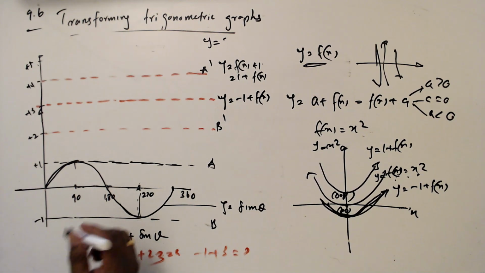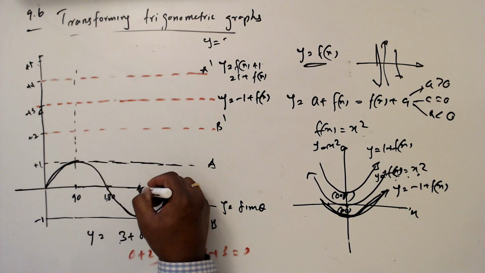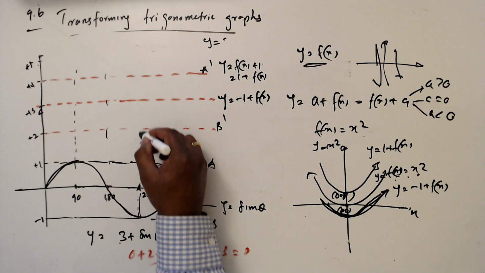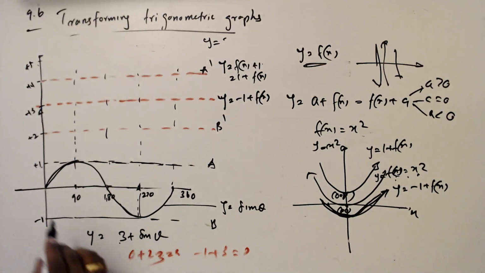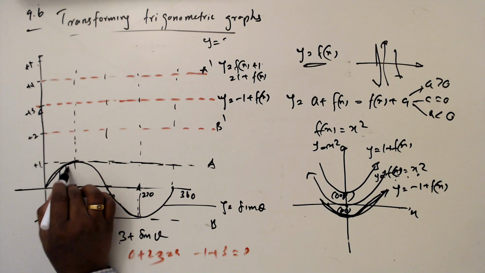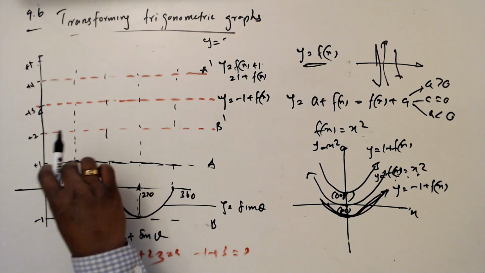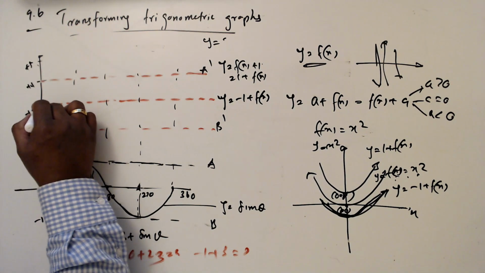And this is the 90 line, 180 line, 270 line, 360 line. Now I have to add 3 units to the height of each and every point. When I add 3 units up, what is the y height at this point? 0. 0 plus 3, it's going to be here, this point.